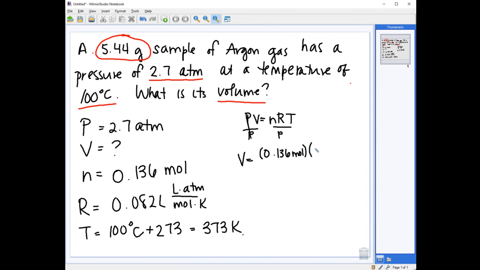My R, 0.0821. I'm going to run out of room. Liter times atmosphere divided by mole Kelvin, and then my temperature. I'm going to run out of room. Let me move this over. Sorry about that. Thought I could squeeze it all in there.